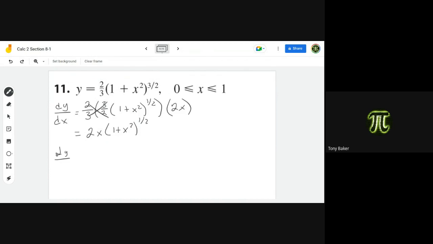Actually, I'm just going to do 1 plus dy dx squared. So 1 plus 4x squared times 1 plus x squared, which equals 1 plus 4x squared plus 4x to the 4th.